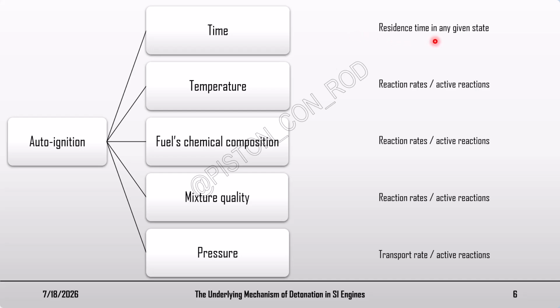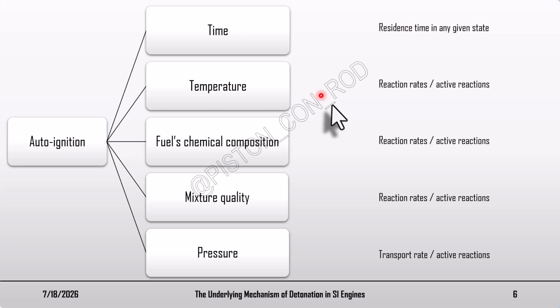So consider an arbitrary spot in the end gas. If it has enough time after, for example, some 4 milliseconds, 8 milliseconds, it will reach autoignition. So time tells us how much that spot has to reach autoignition.